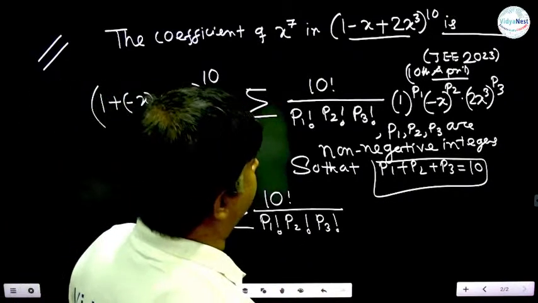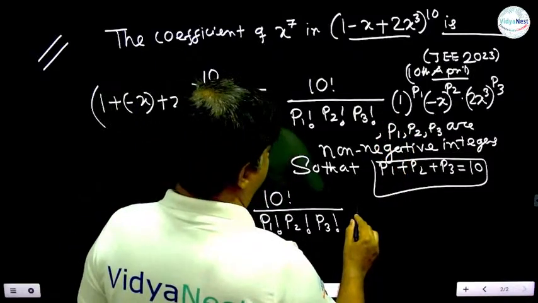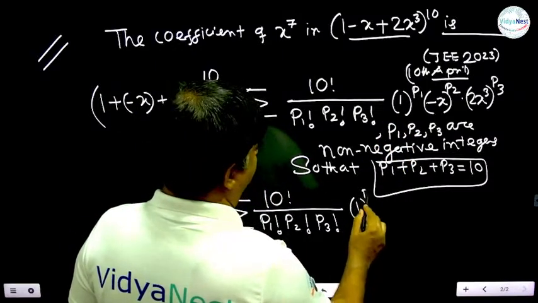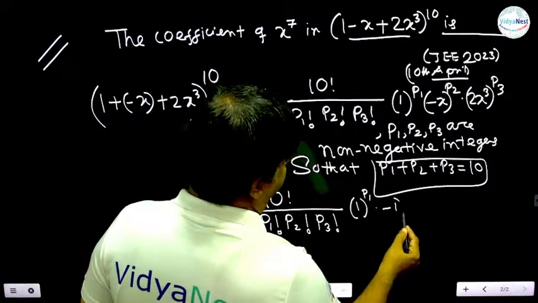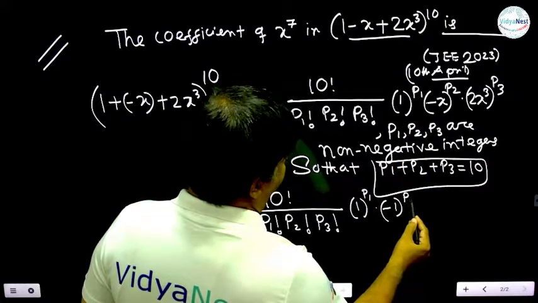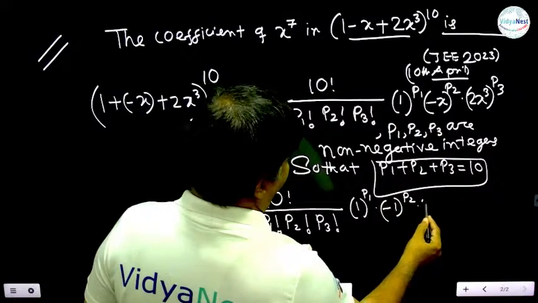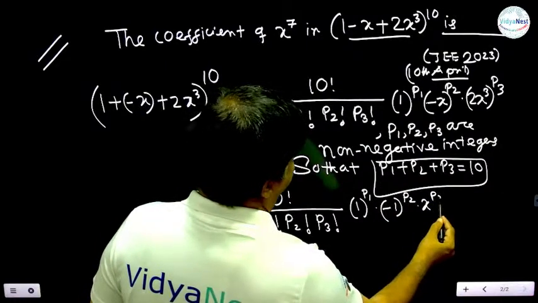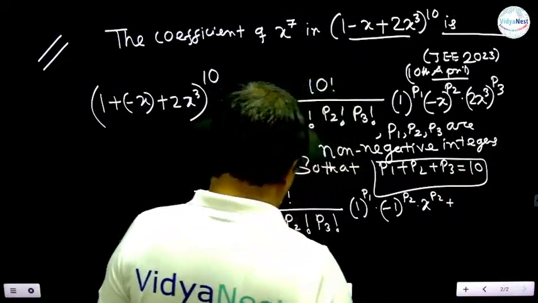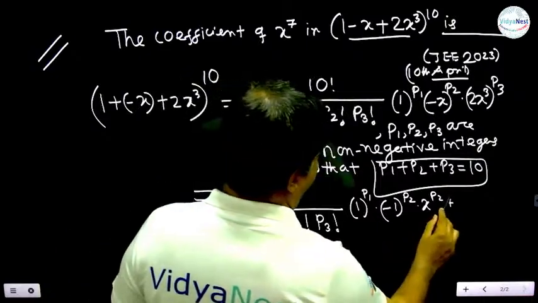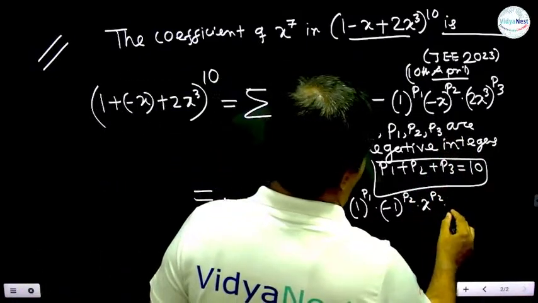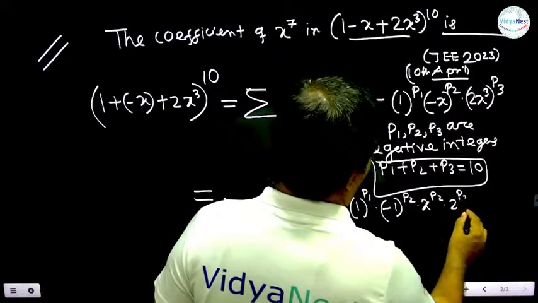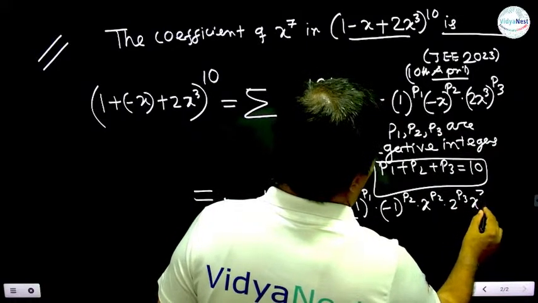See, this is 1 to the power P1, minus x can be written as minus 1 whole to the power P2 into x to the power P2, and this is 2 to the power P3 into x to the power 3P3.